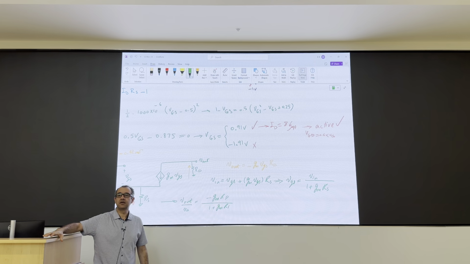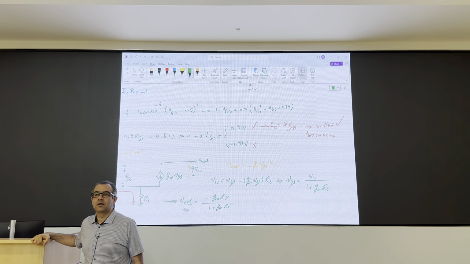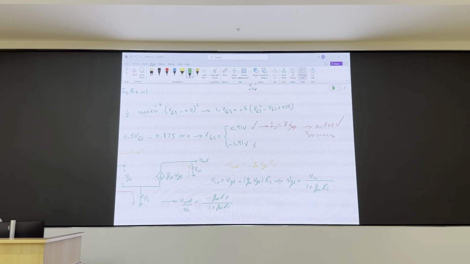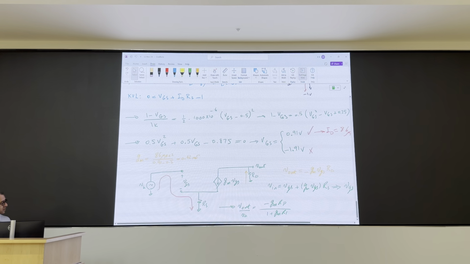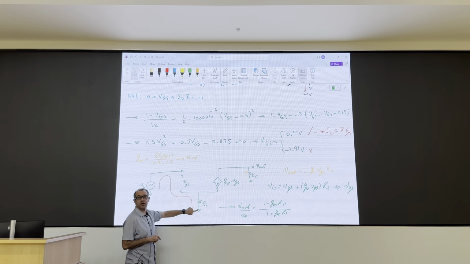When we make the equation for V in, why are we allowed to make a KVL over an open circuit? Is that not allowed? Because you need a closed loop. No, I am in a closed loop. See, I start from ground, go across this, go back to ground. How do you jump over air?